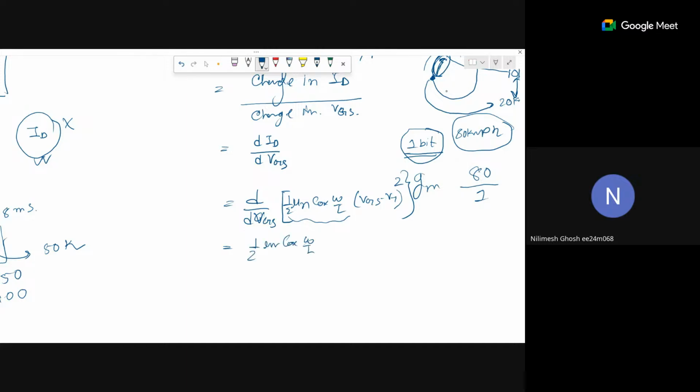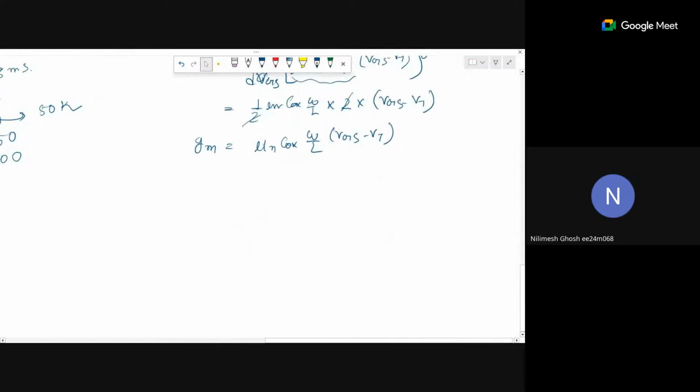Now if we differentiate it, VGS square, simple derivative, 2 into (VGS minus VT). So these two cancel out. So our gm will be mu n Cox W/L (VGS minus VT), right?